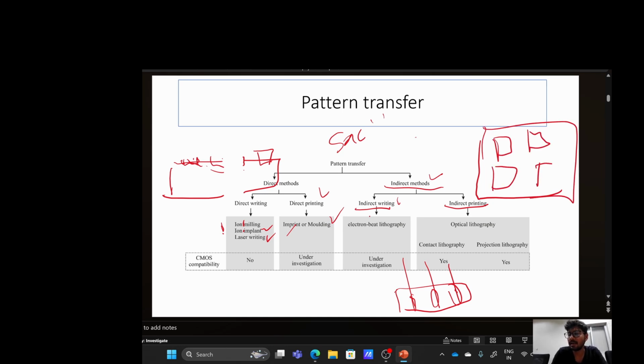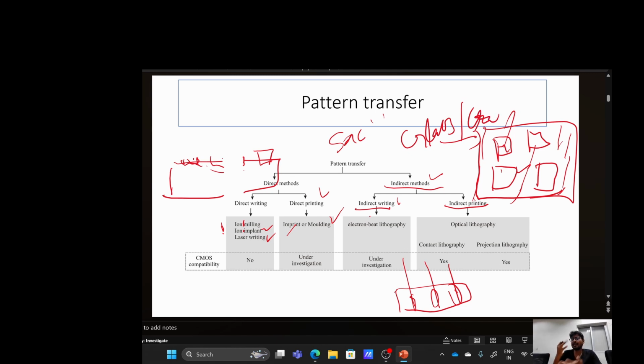This is transparent to UV light. There is a specific wavelength of light that is used, and we will come to why that specific wavelength is used. This is chrome, and this is transparent.